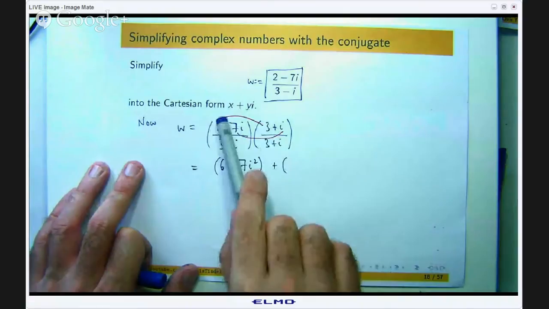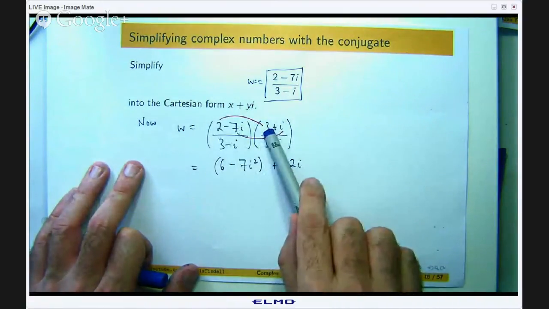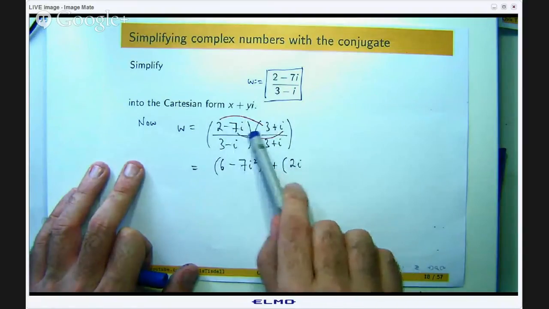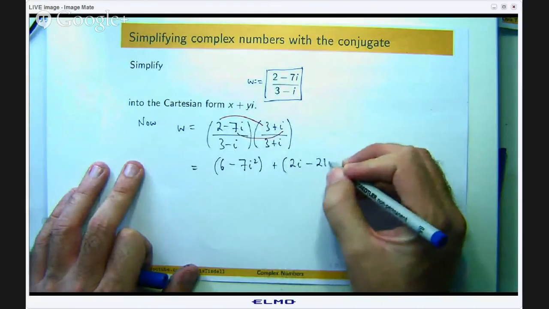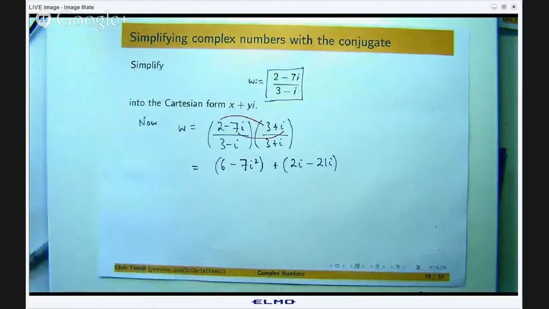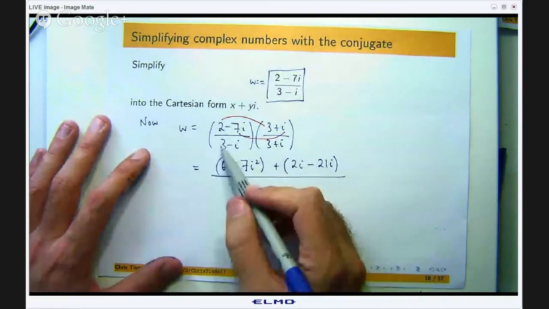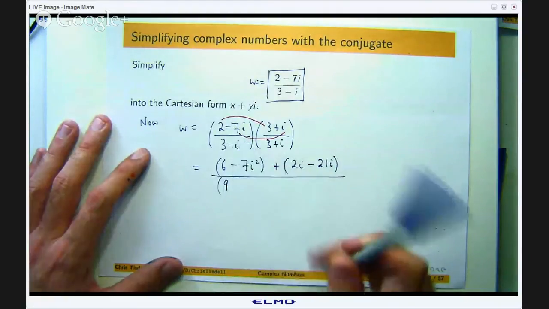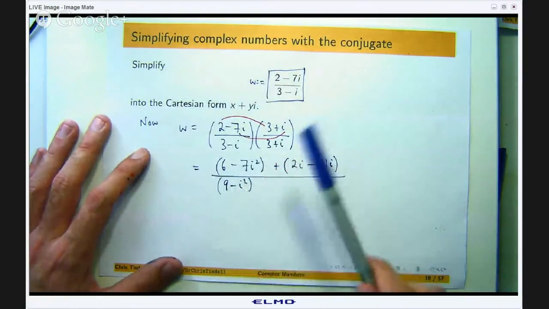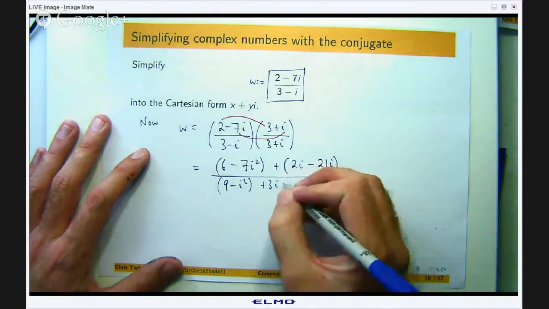Well, I've got 2 times i, which will be 2i, minus 7 times 3, which will be -21i. So what about the bottom now? Well, same thing, 3 times 3, which is 9, minus i squared. What about all the i's? Well, I've got 3 times i and -3 times i. So they're going to cancel out, aren't they?